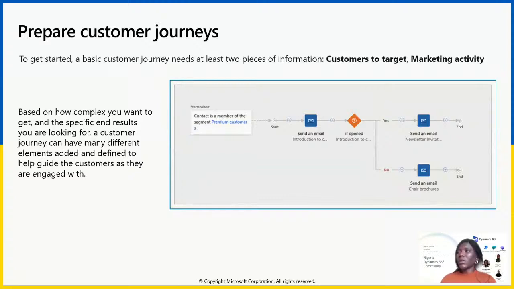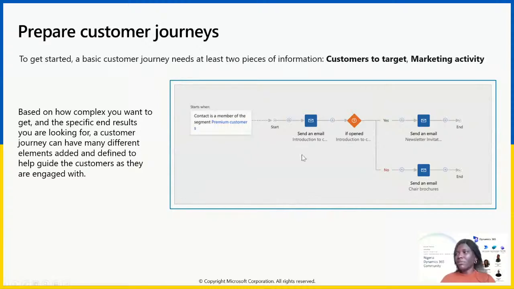So you need to say, okay, this customer journey I want to start now. Who am I targeting first? So when you know who you are targeting, then that's settled. Then you can say, all right, starting from here, I'm targeting all my customers that are in Lagos, right?